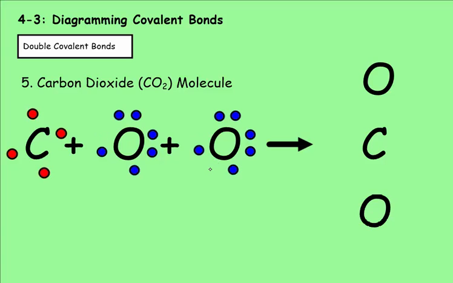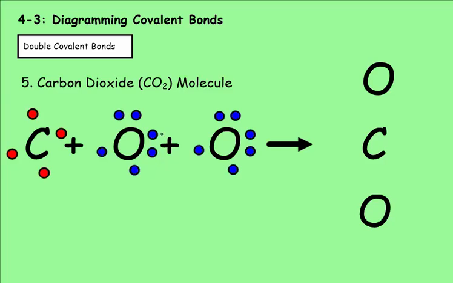Well, how many valence electrons does carbon have? Look, 1, 2, 3, 4. So that means these 4 electrons could be shared with the oxygens to give each oxygen those 8 valence electrons that they want. And in turn, carbon, which is missing 4, could share 1, 2, 3, 4 with the oxygens to also make that work.